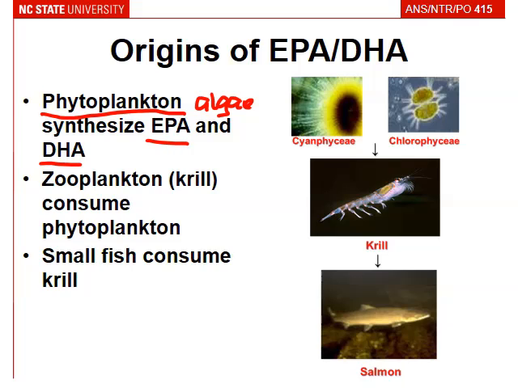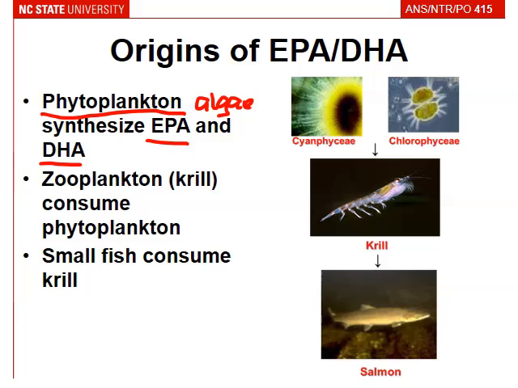Our phytoplankton are consumed by zooplankton or krill, then small fish consume the krill, and eventually larger fish such as salmon, tuna, etc. consume those small fish. So that's why our wild salmon, tuna, etc. have greater amounts of EPA and DHA in them.